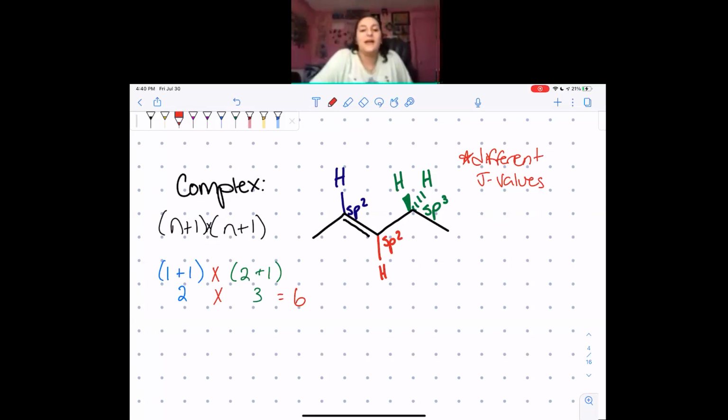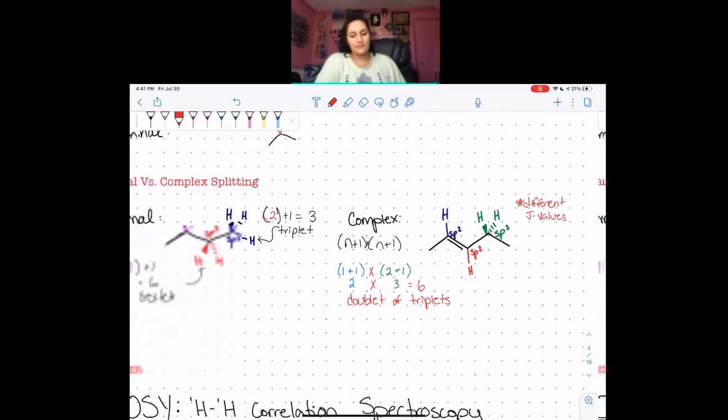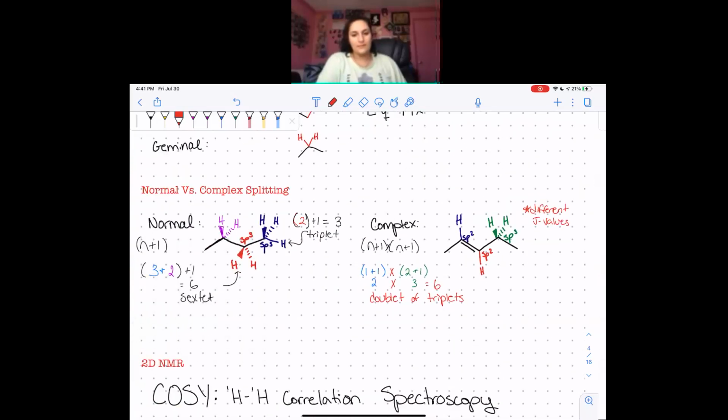But it's not just a sextet this time. It is actually a doublet of triplets. And that's something we call complex splitting.